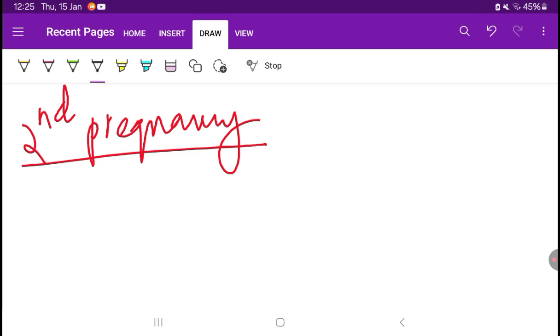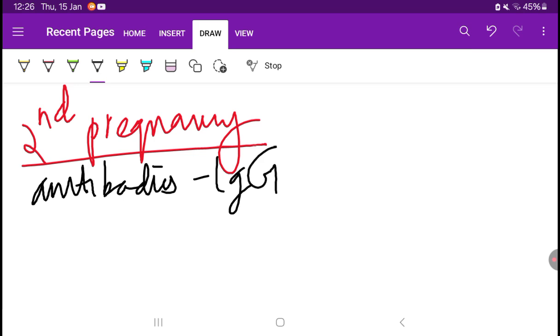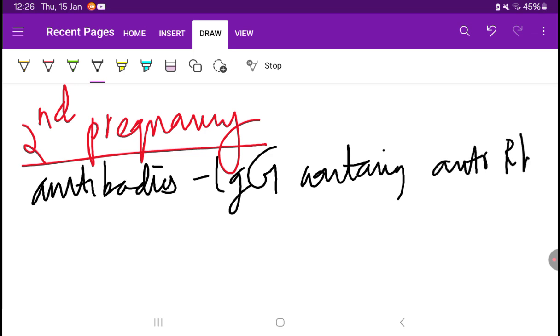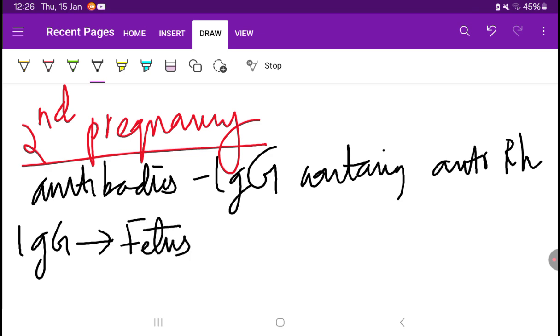During the second pregnancy the mother will have antibodies, specifically IgG containing anti-Rh, and this IgG is transferred to the fetus.